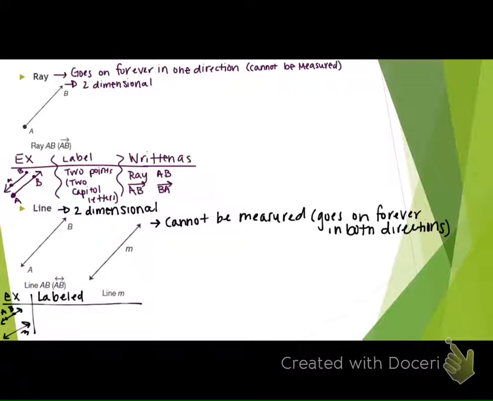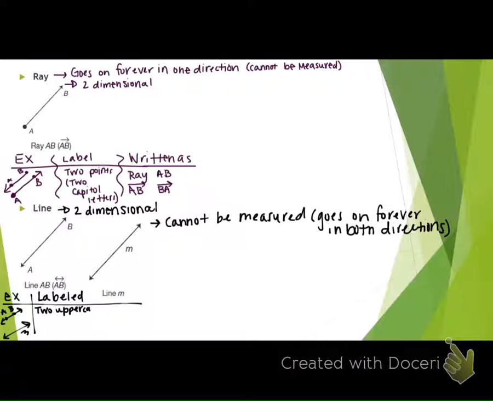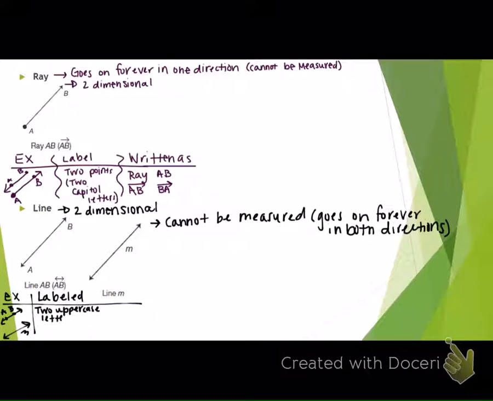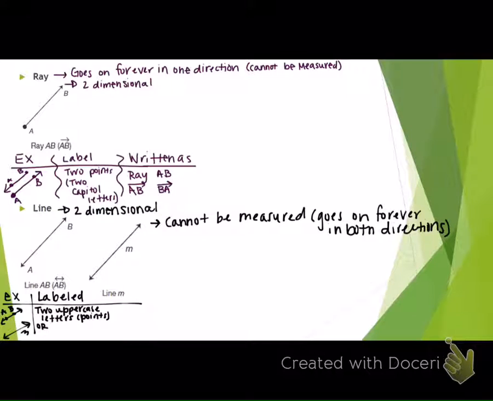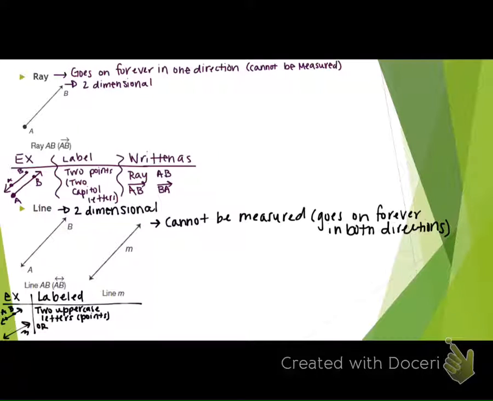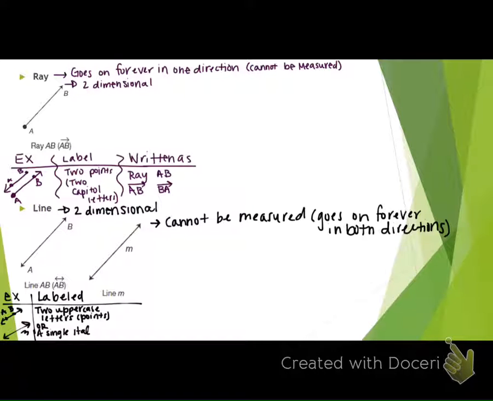So it can be labeled with two uppercase letters, which are 2 points, or sometimes a line will just have a lowercase letter along it that's italicized, so it can be labeled with a single italicized lowercase letter.